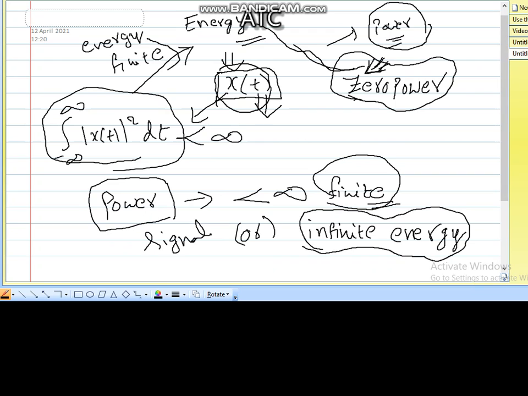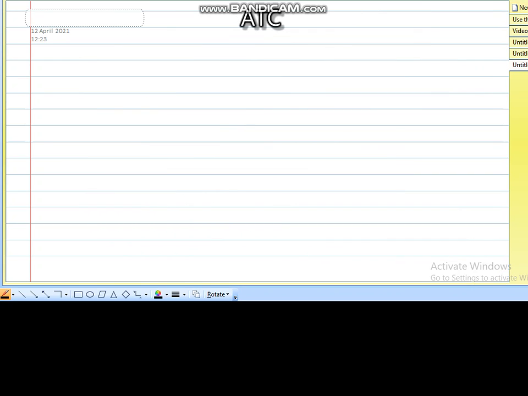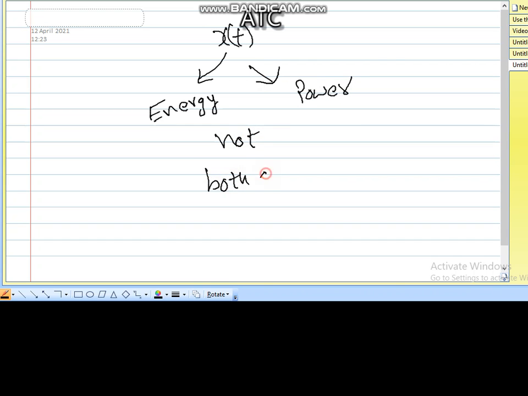So if you have a signal x(t), it may be an energy signal or a power signal, not both. Definitely, in any examinations, MCQs or interviews, they ask about these things.